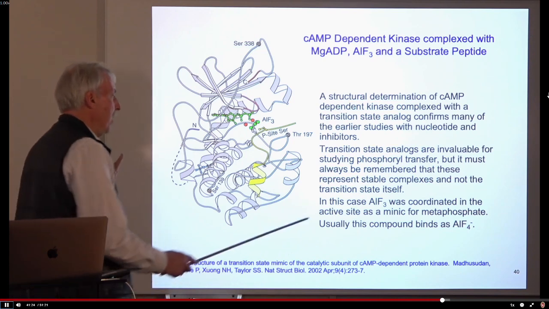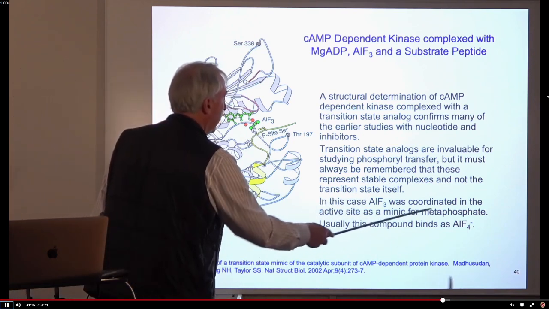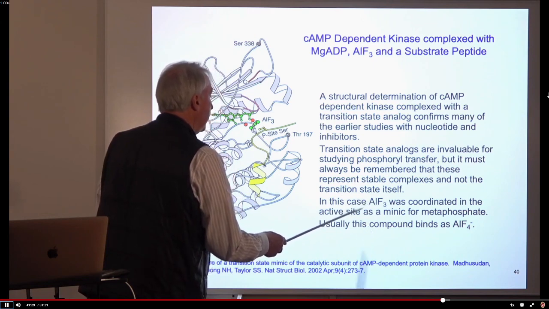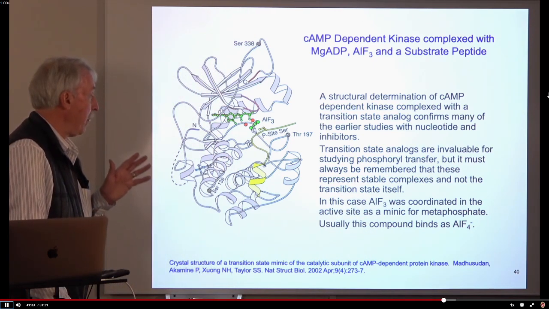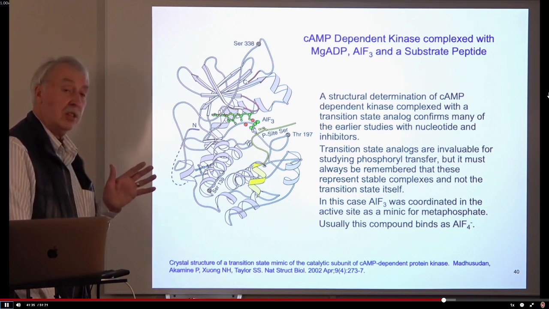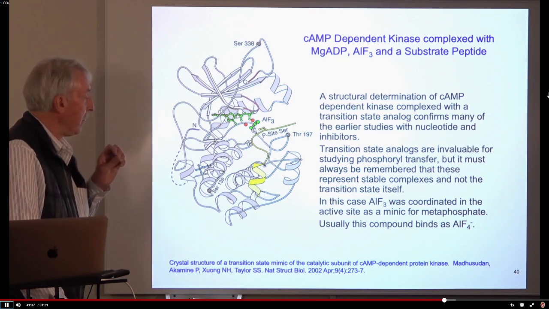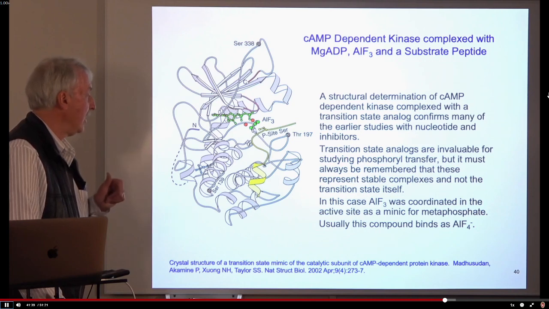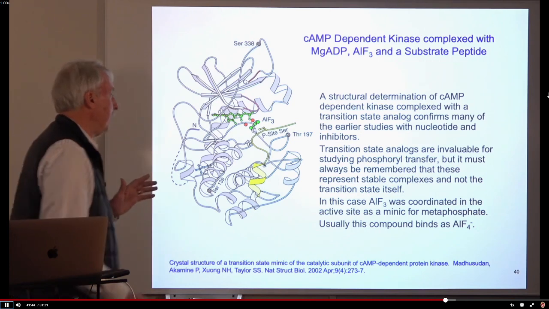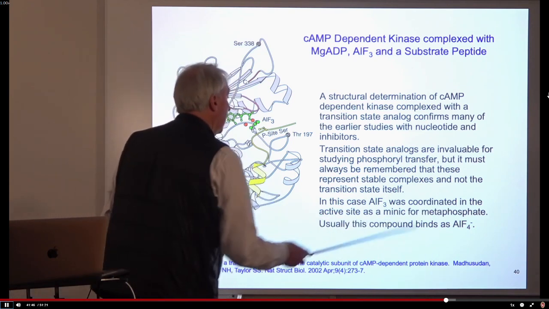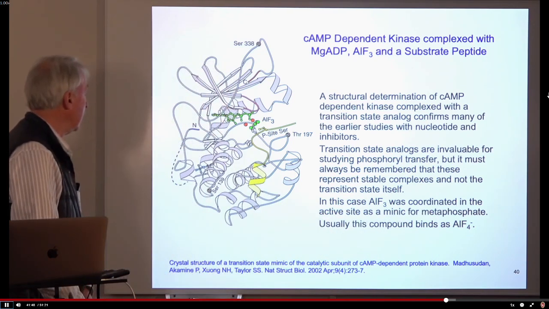Even so, regardless of the exact nature of the ion that is present, this mimics the structure of the protein close to the transition state. In other words, the aluminum fluoride, magnesium trifluoride is a mimic, and I stress the word mimic, for the metaphosphate-like moiety that would be present at the transition state.